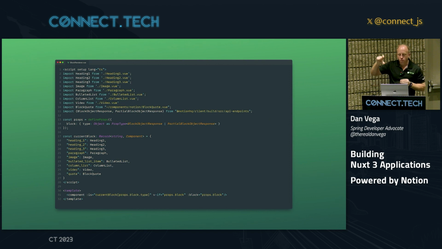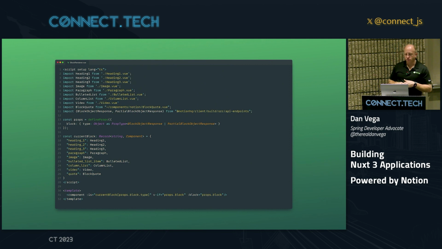So every one of those blocks has a type. If you look in that current block declaration there, the type is either heading underscore 1, 2, 3, paragraph, image, video, quote. These are all the things that I'm supporting in this particular app. There are a whole bunch more content types, but I didn't go through and write components for all of those. I just wrote components for the ones that I wanted to support.